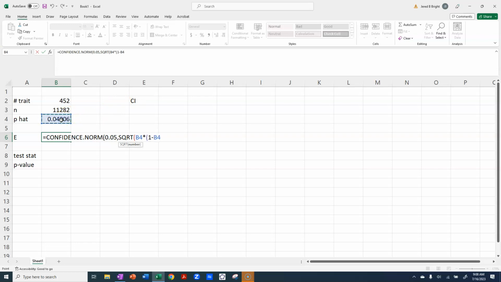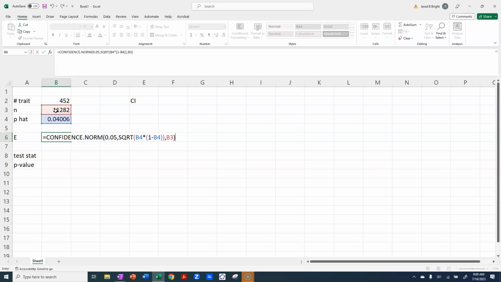I need to make sure that the 1 minus p hat is in parentheses, because order of operations, as always, is super important. So again, the standard deviation I need to use is the square root of p hat times 1 minus p hat. And then the other thing I need is size, so that's the total number in my sample. And I should be good to go, okay?